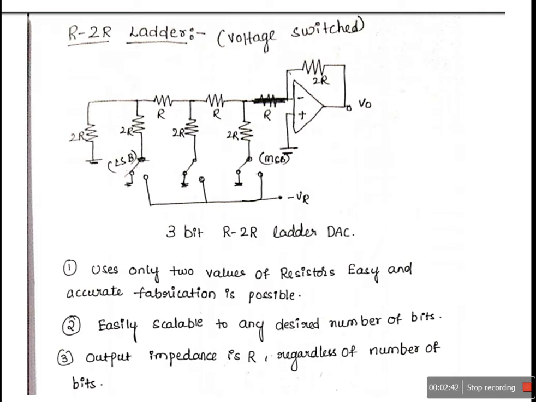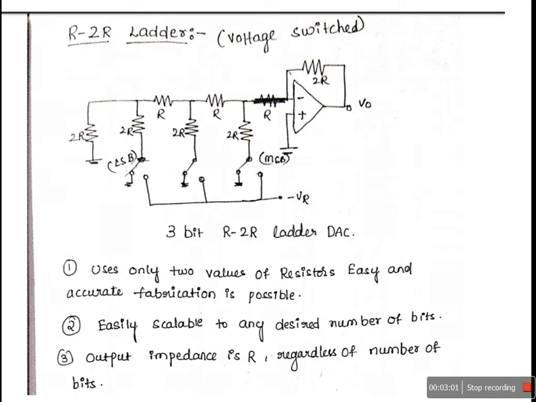In a digital to analog converter, we give digital data at the input side, and at the output side we get either analog voltage or analog current.